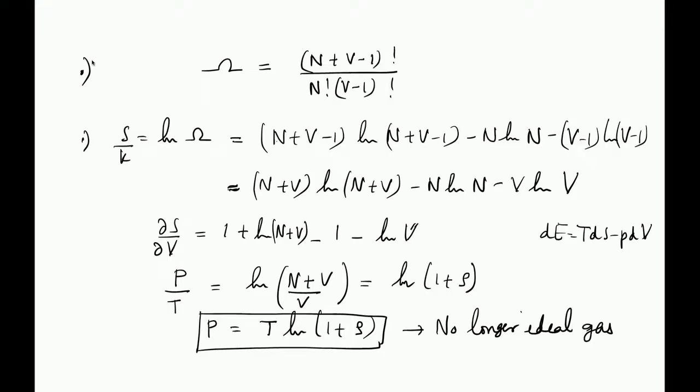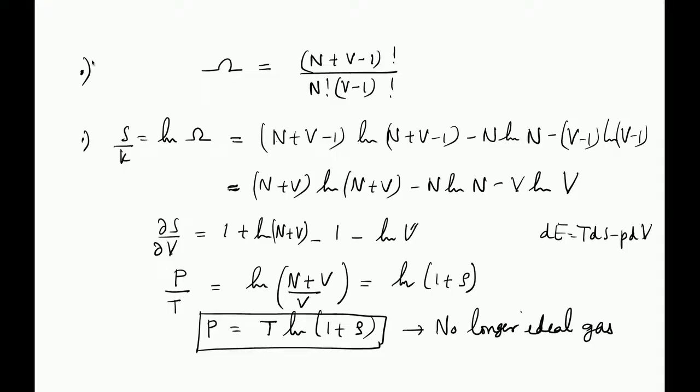Okay. So now we have got an expression for entropy in terms of volume, n. Energy is not there, energy is 0, all of them have equal energy. So the only differentiation I can do is with volume, del S by del V. So the first term, n plus V and 1 by n plus V, that gives you 1.